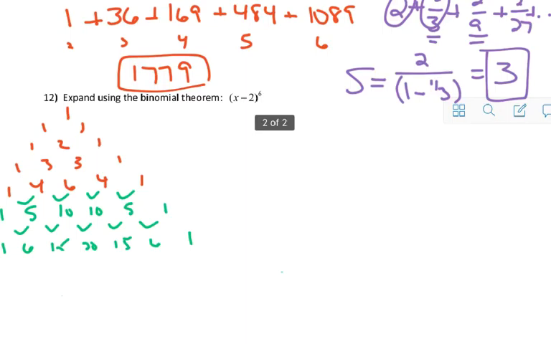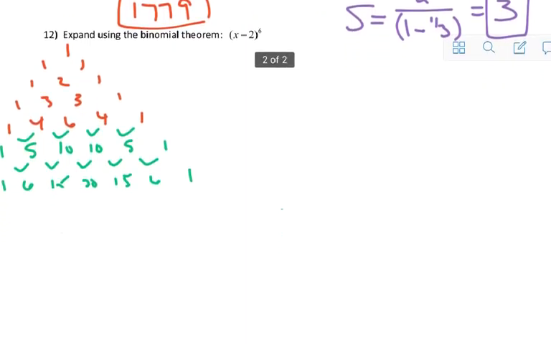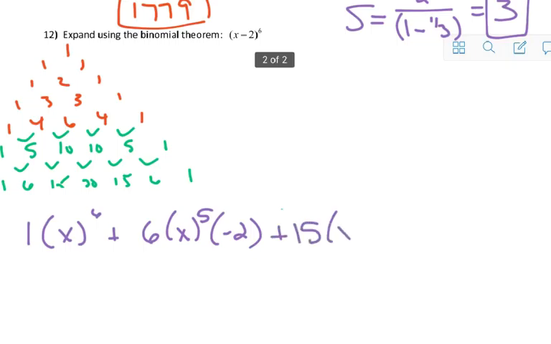All right, so the first term in the expansion is going to be 1x to the 6th. The next one's going to be 6x to the 5th, (-2). Plus 15x to the 4th, (-2) squared.